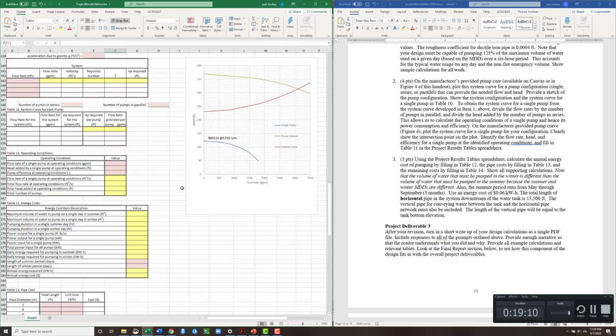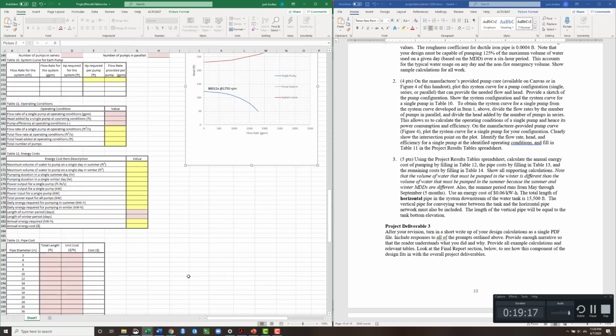So you'll turn in the tables, you'll turn in graphs, and you'll turn in a discussion of your results as well as the sample calculations that are asked for.